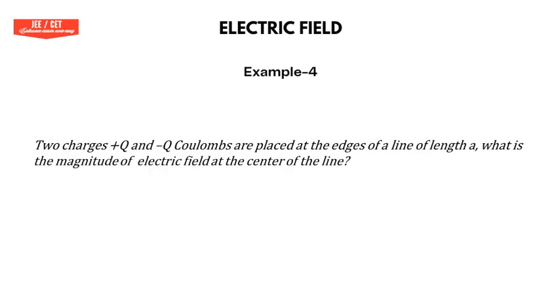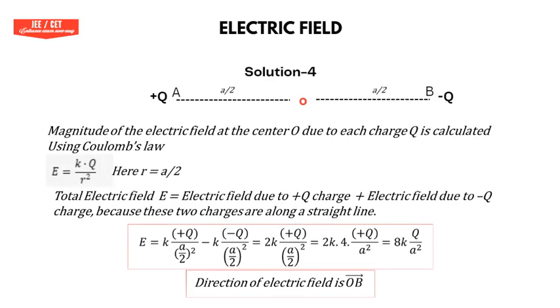In the example 4, 2 charges plus q and minus q coulombs are placed at the edges of a line of length a. What is the electric field at the center of the line? Magnitude of electric field at the point O due to positive q charge is equal to k times q by r square, where r equals a by 2.